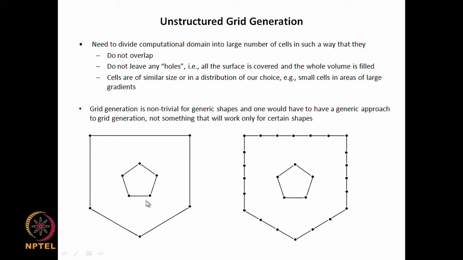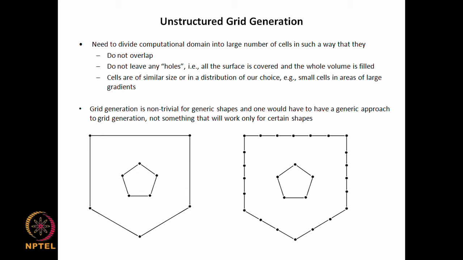And so, if you want to generate a grid for this, it is a 2D shape, and we want to break it up into a small number of triangular cells, which when everything is put together will make up the entire shape without leaving any holes.